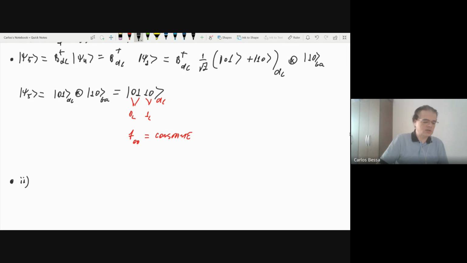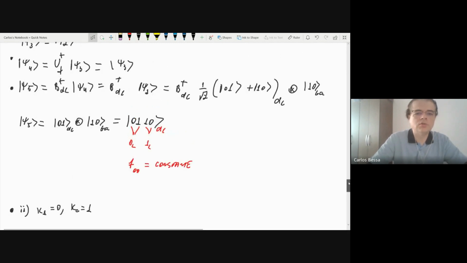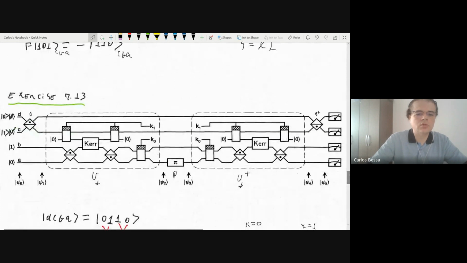So the second case is when k1 is equal to 0 and k0 equal to 1. In this case, just the bottom switch is on. So we have all these things.